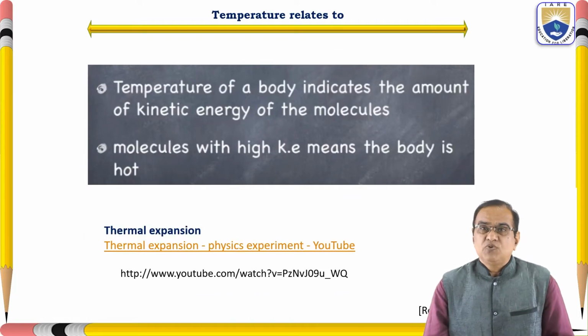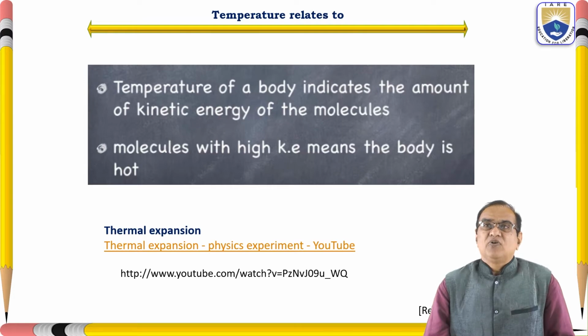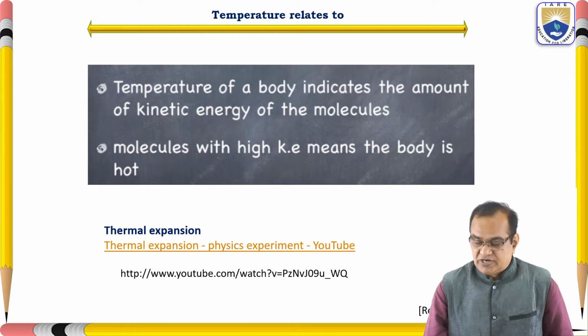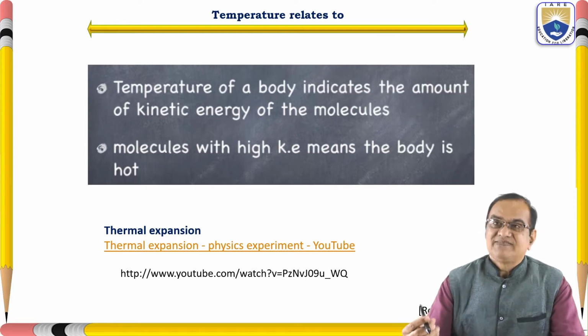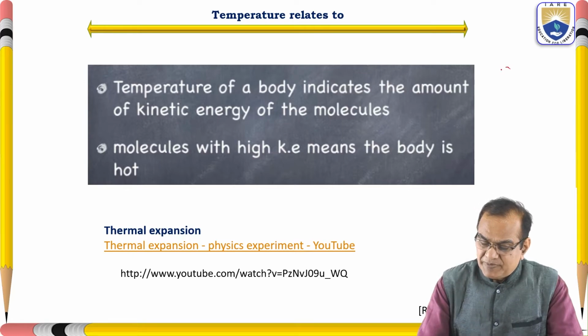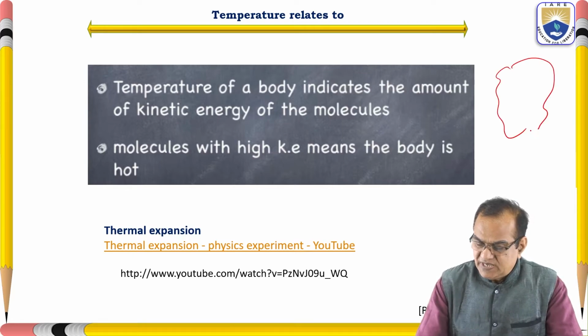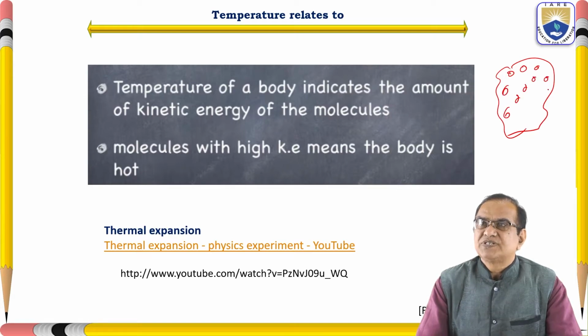Temperature relates to the kinetic energy of molecules. The temperature of a body indicates the amount of kinetic energy of the molecules. Molecules with high kinetic energy means the body is hot. If this is the body, there are a number of molecules.